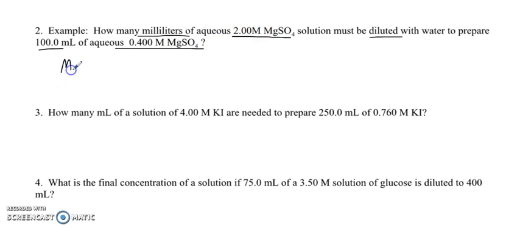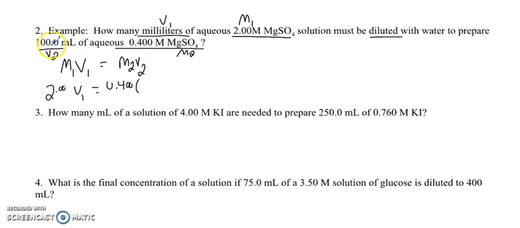So we've got M1 V1 equals M2 V2. This is going to be my molarity 1. This is going to be my molarity 2. This is my V2. And then this is my V1. So M1 is 2.00 times V1. We're looking for that. M2 is 0.400 times V2. Now we want to make sure we keep this in liters technically.